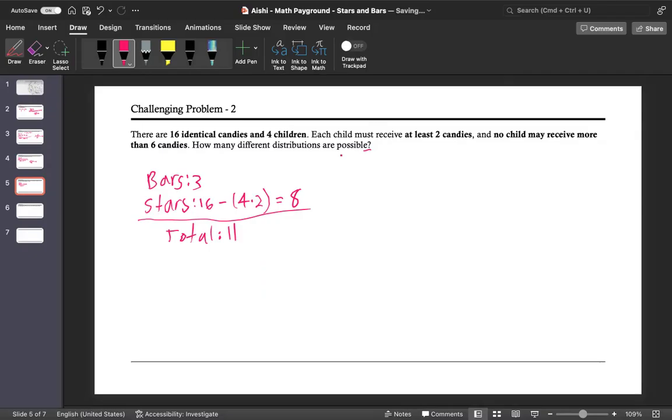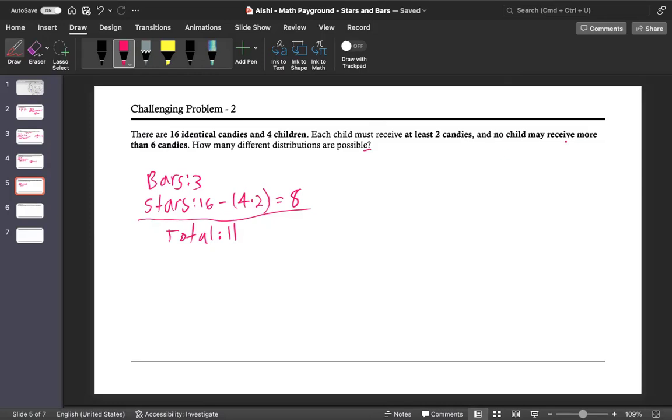Okay, so it says no child may receive more than 6 candies. So let's first do this problem the way we would if it hadn't had a limit.